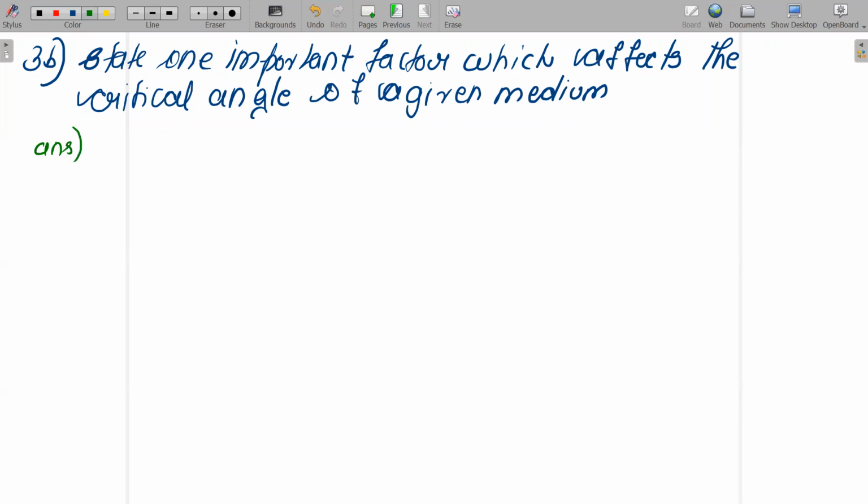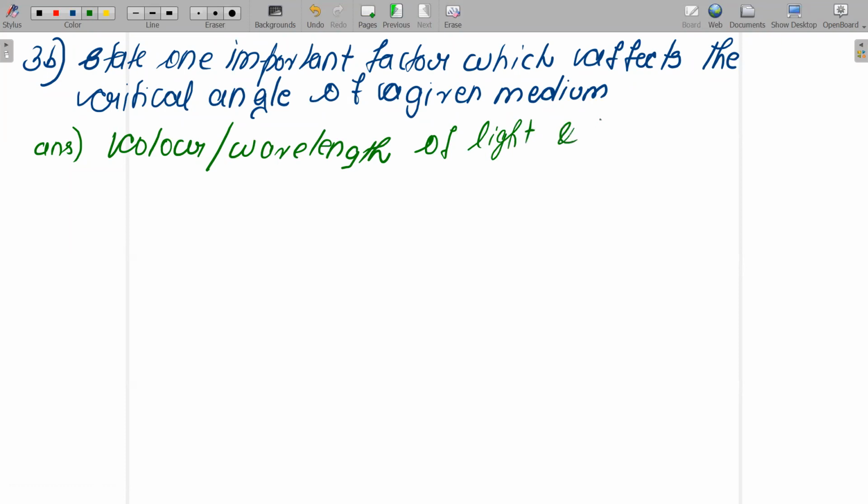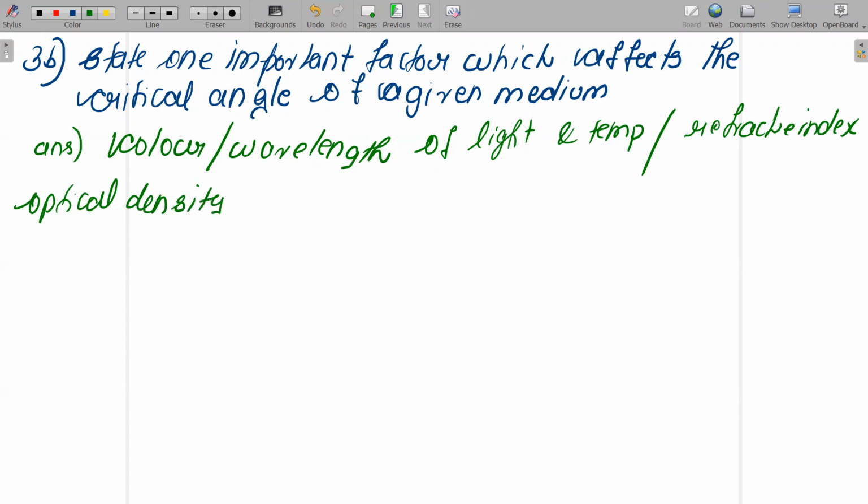Which is the factor, children? If many are there, color or wavelength of light and temperature, you can write, or you can write refractive index, or you can write optical density of the medium.